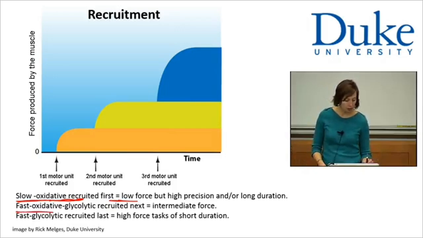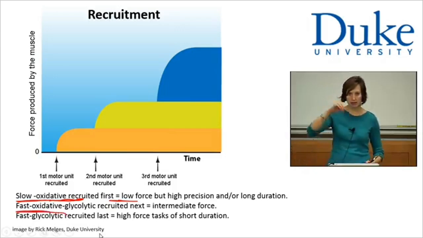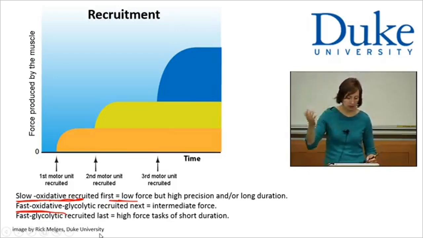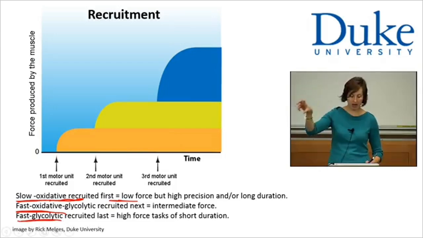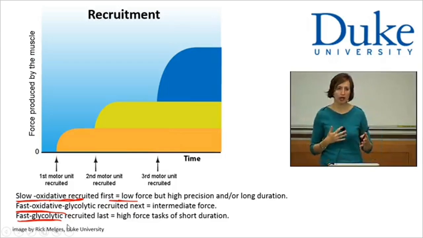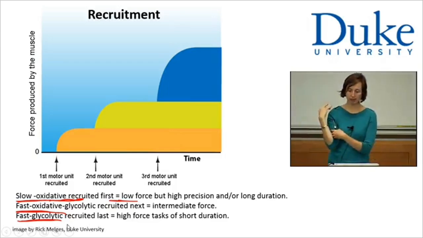Then you'll tend to recruit fast oxidative glycolytic fibers if you still need more tension. And then if you require even more force to be produced, then you will also recruit the fast glycolytic fibers.